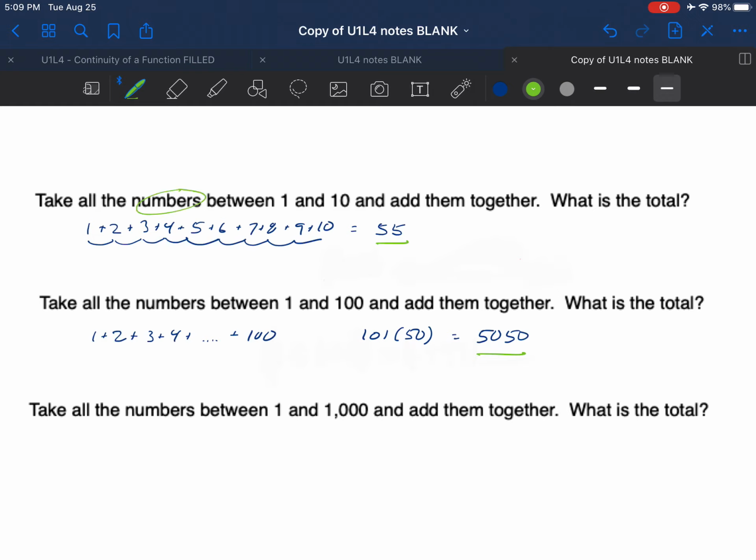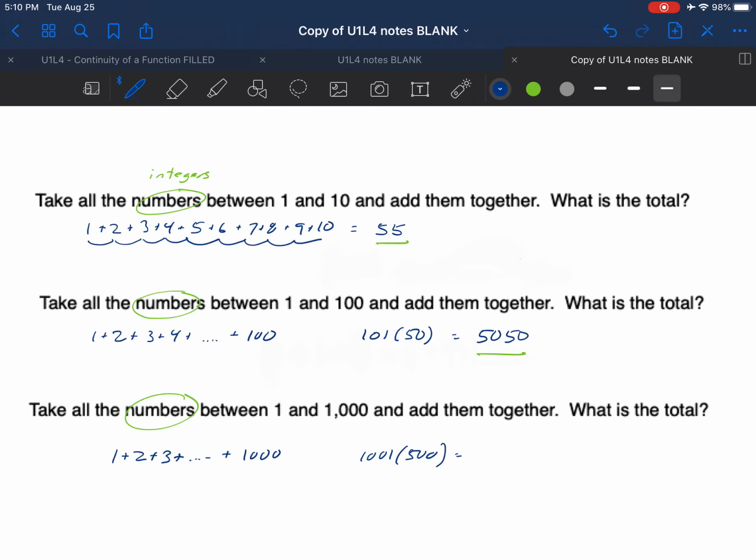Okay? The numbers 1 and 1,000. And by the way, when we say numbers, we really should be a little bit more specific. We really mean integers, because otherwise there's a lot more numbers between 1 and 1,000 than just what we're adding. Okay, so we're really adding the integers. So this last problem is asking what's 1 plus 2 plus 3 plus all the way up to 1,000. And I'm saying that's going to equal 1,001 times 500.